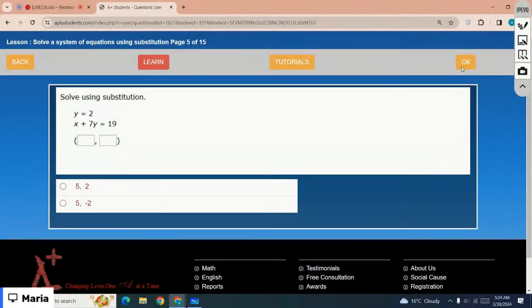Which is the correct option? The correct option is option number 1, right?